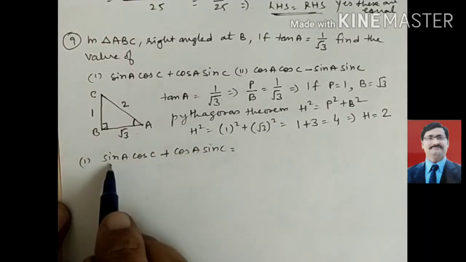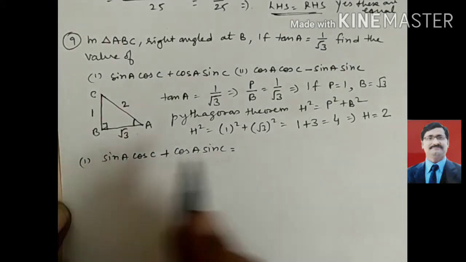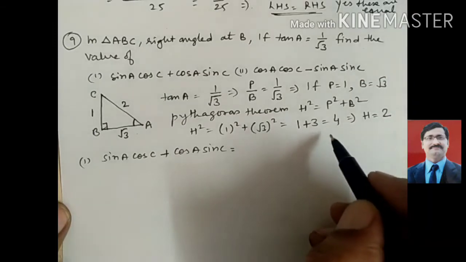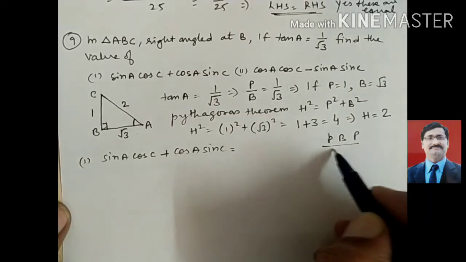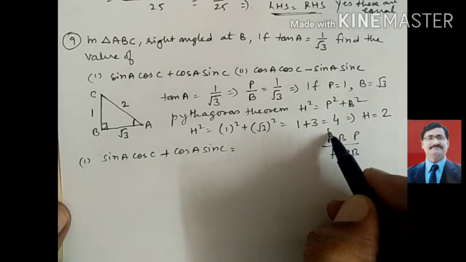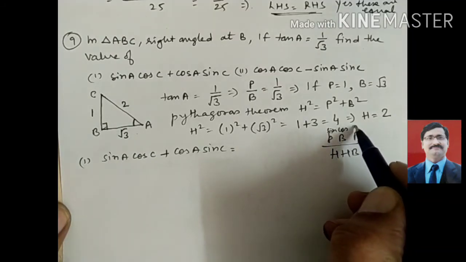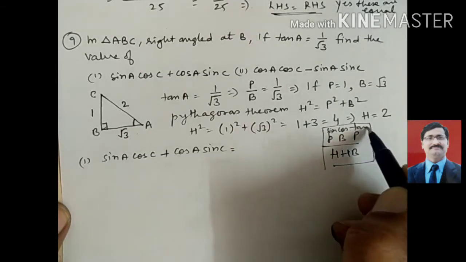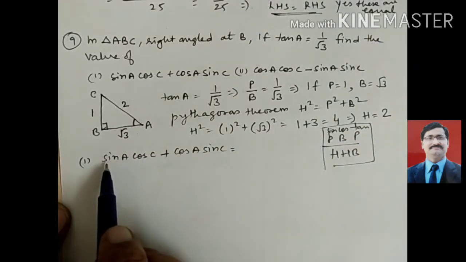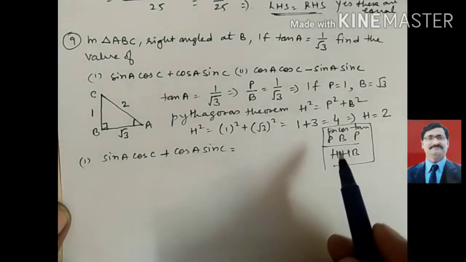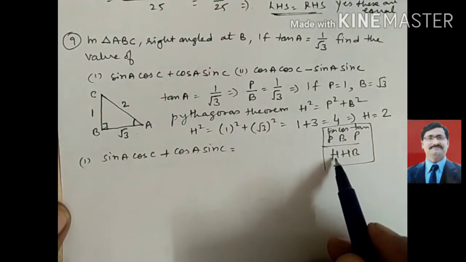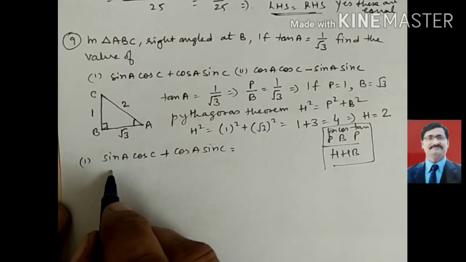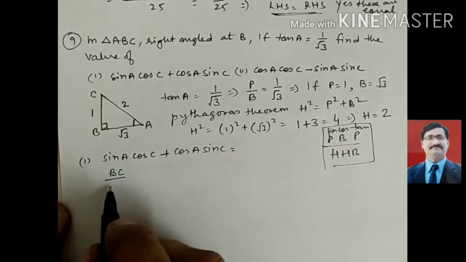Now for sin, cos we know the ratios already. First is sin A, which means perpendicular upon hypotenuse. For angle A the perpendicular is BC and hypotenuse is AC.